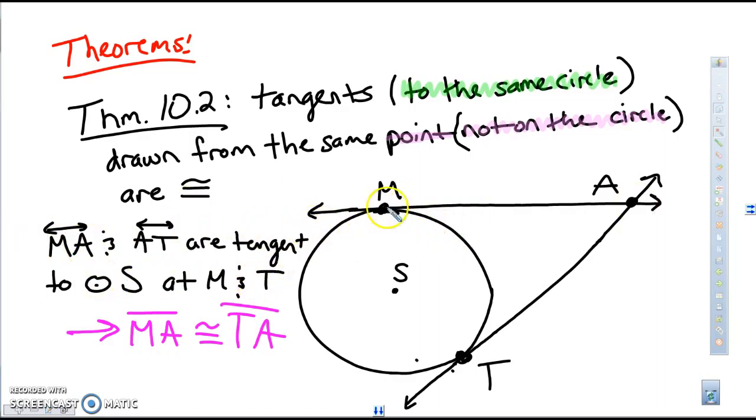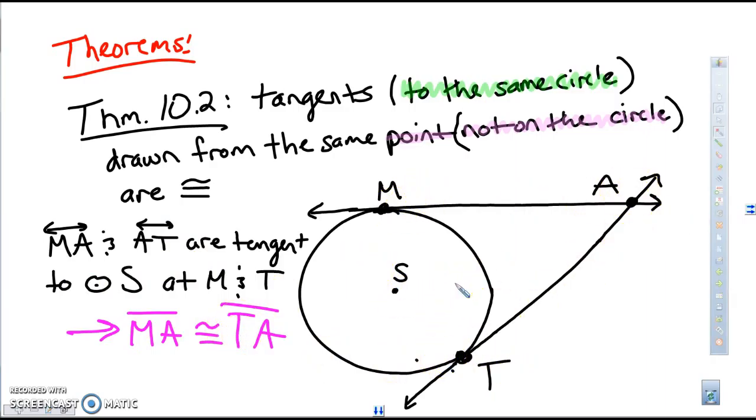For example, if we know that line MA and line AT are tangent to S at a couple different spots, then segment MA and segment TA have to be the same.